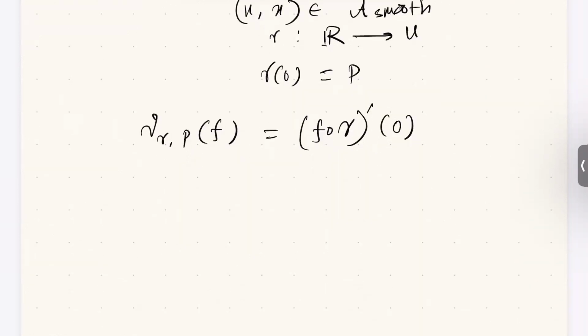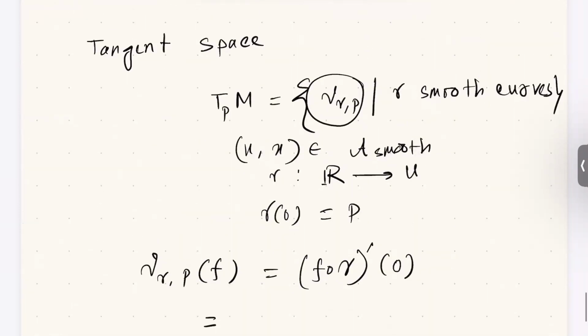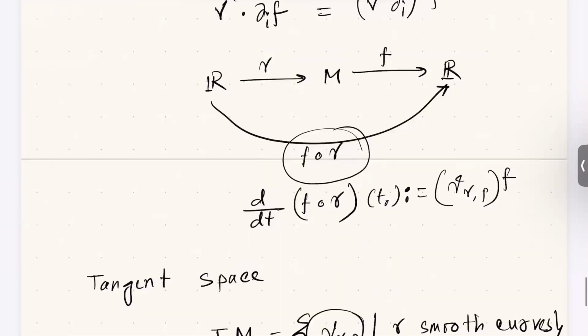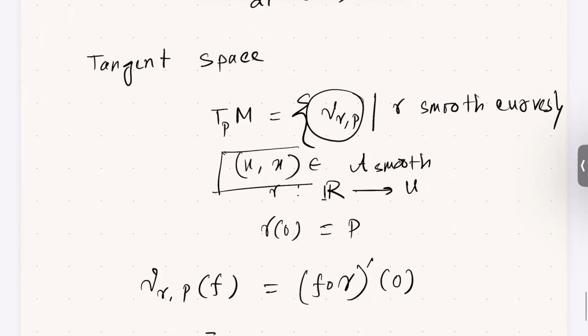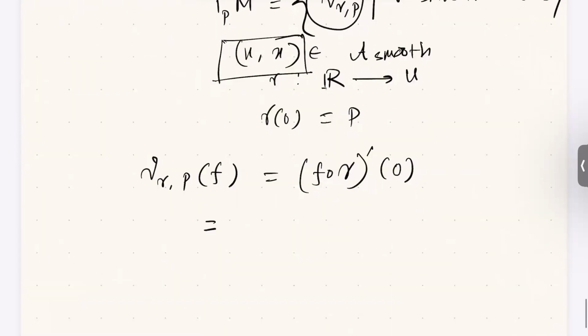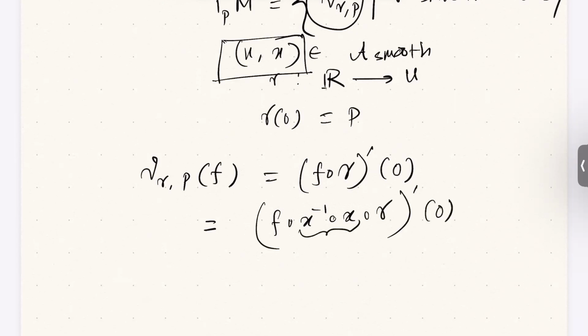Now, since I'm considering this chart, I can write (f∘x⁻¹∘x∘γ)' evaluated at the point 0, because x inverse and x is just the identity map.